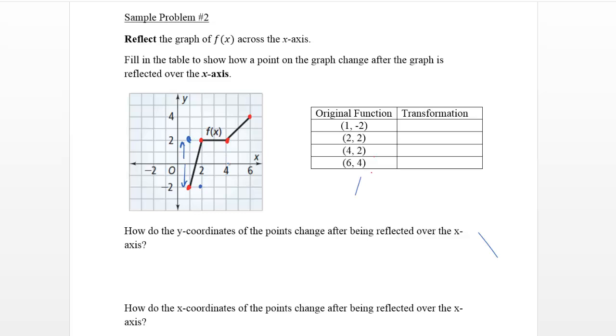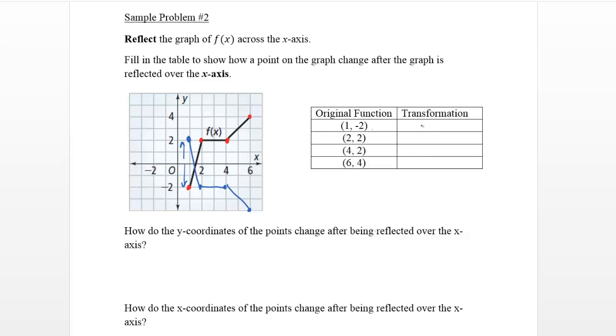Same, I'm going to go opposite of that, and of course this is 1, 2, 3, 4 up, so I've got to go 1, 2, 3, 4 down, and now that reflected graph creates a mirror image of the original graph. Now, what I need to do is put that information in this table representing the transformation.